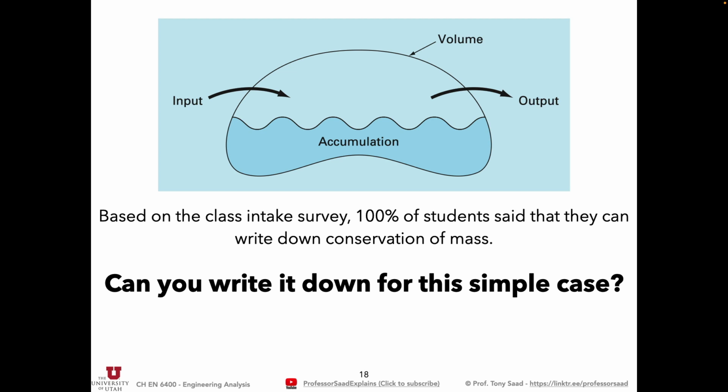There's water coming in, there's water leaving, and some of it is accumulating. Write down mass conservation. It doesn't matter whether you're coming from a chemical engineering background, from mechanical, from physics, from chemistry. This is a guiding principle for all the sciences and engineering. And you also said you know how to do it, so.